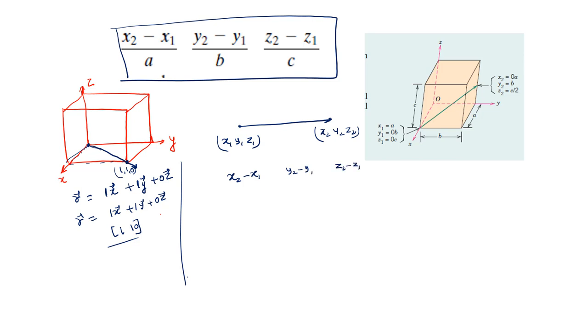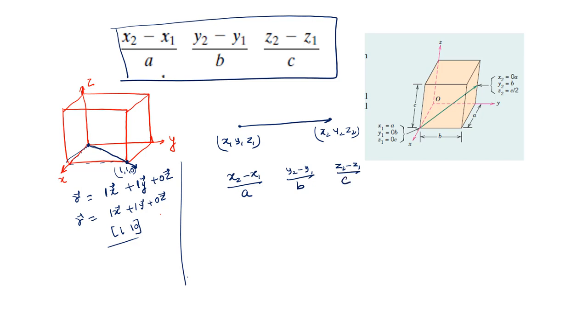And this subtraction will be in terms of some fraction of the length of the axis. So we have assumed a units in the x direction, b units in the y direction, c units in the z direction. That's why we divide by a, then b, then c.